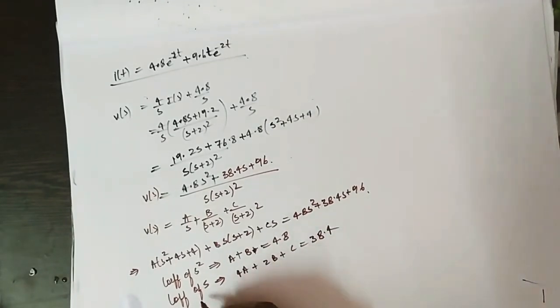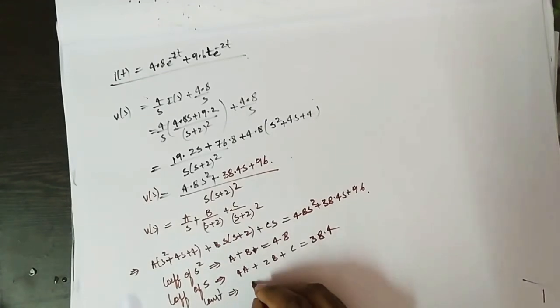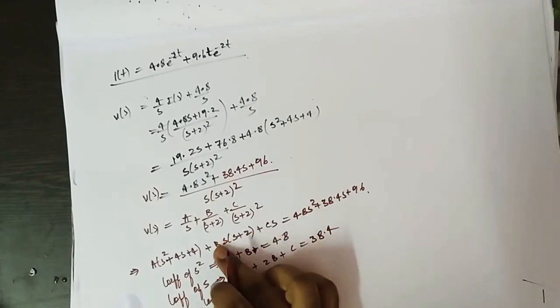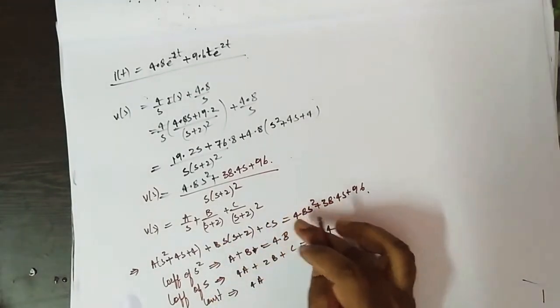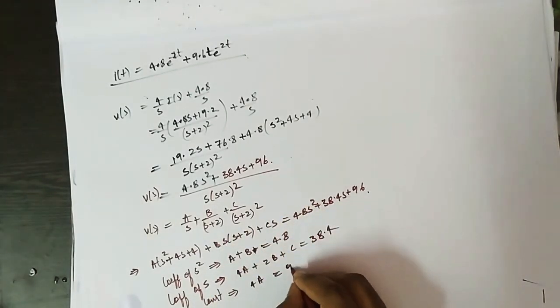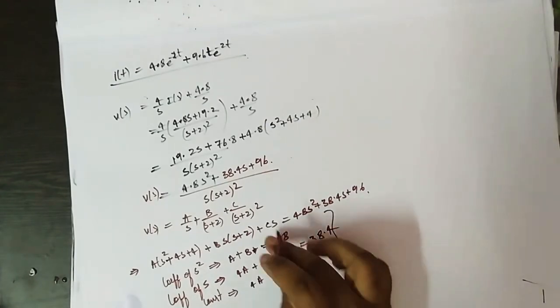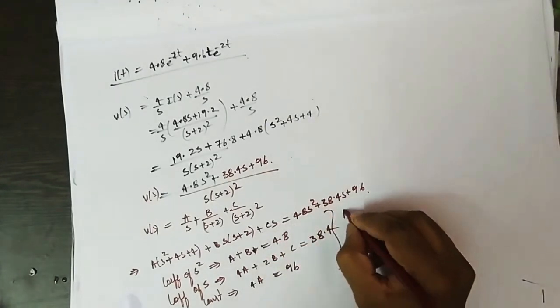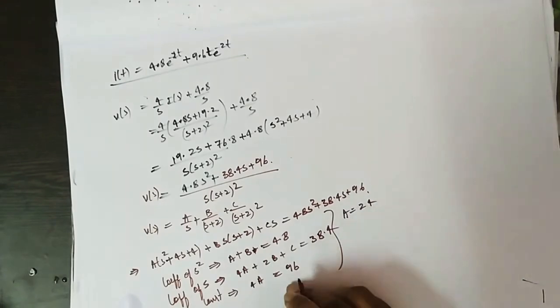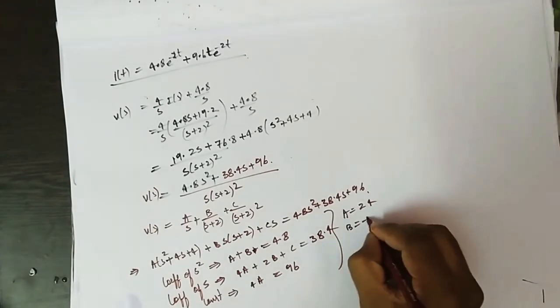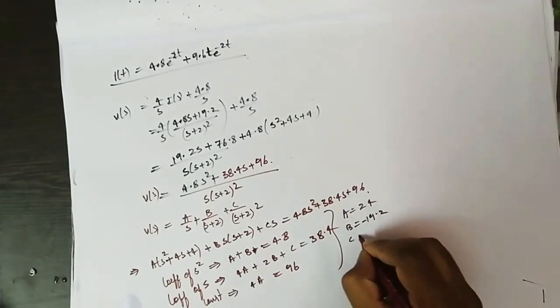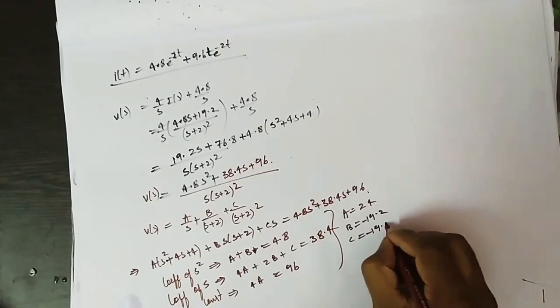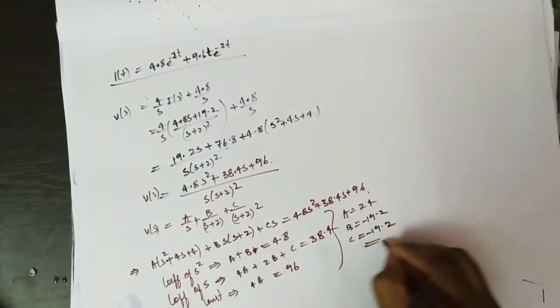Comparing the constants, you have only 4A, with no other constant in the other terms, so 4A equal to 96. So solving these three equations, you will get A equal to 24, B equal to minus 19.2 and C equal to minus 19.2.